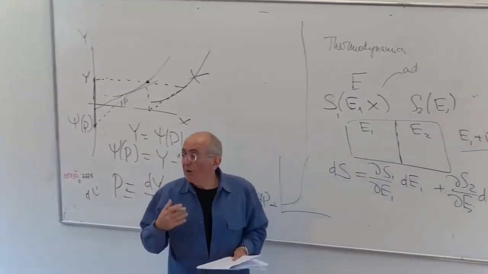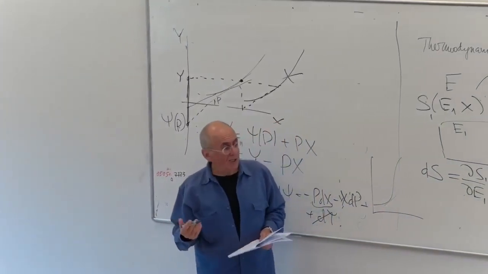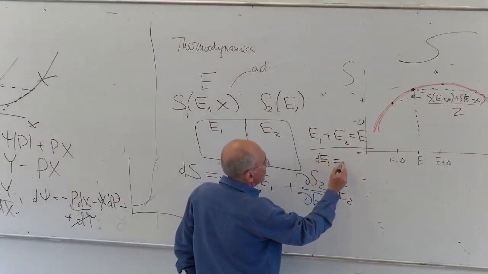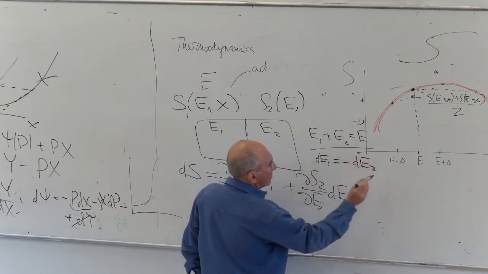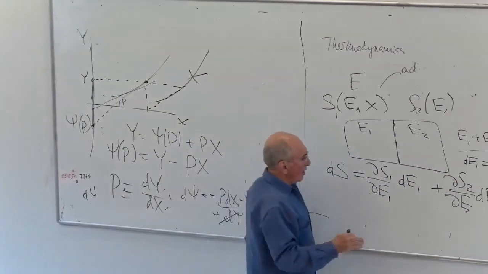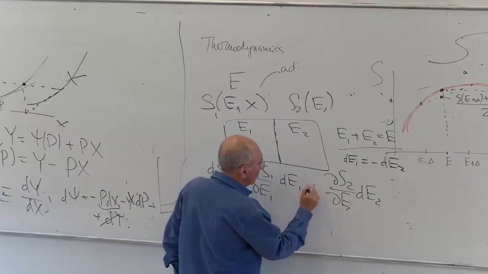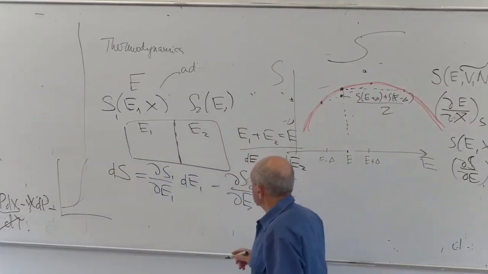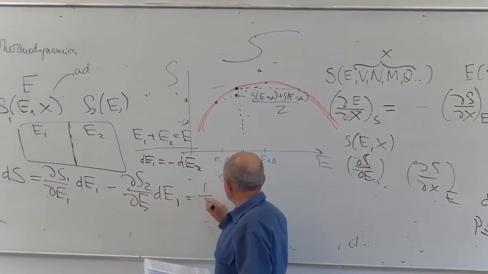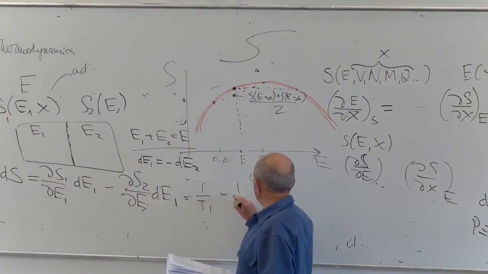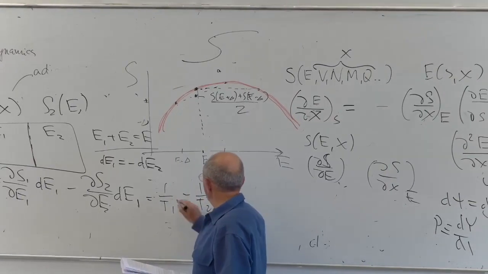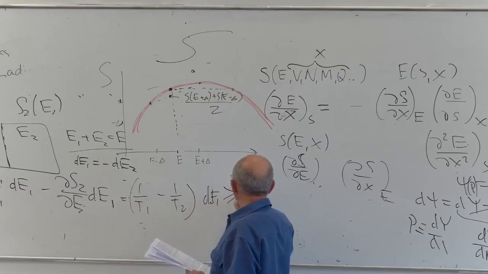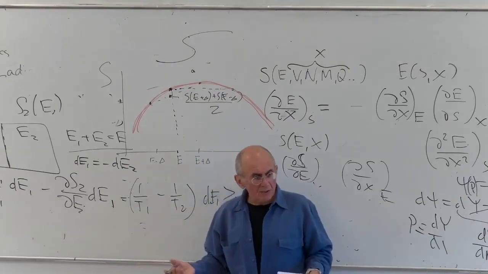But dE2 is minus dE1 because the energy is conserved. So what follows from here, I can write it minus, and I can write it 1 over temperature 1 minus 1 over temperature 2 times dE1. And of course, it's non-negative by second law of thermodynamics.